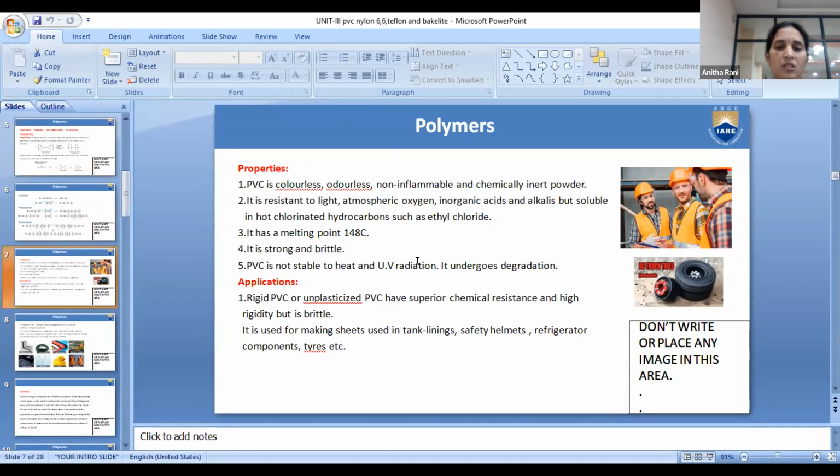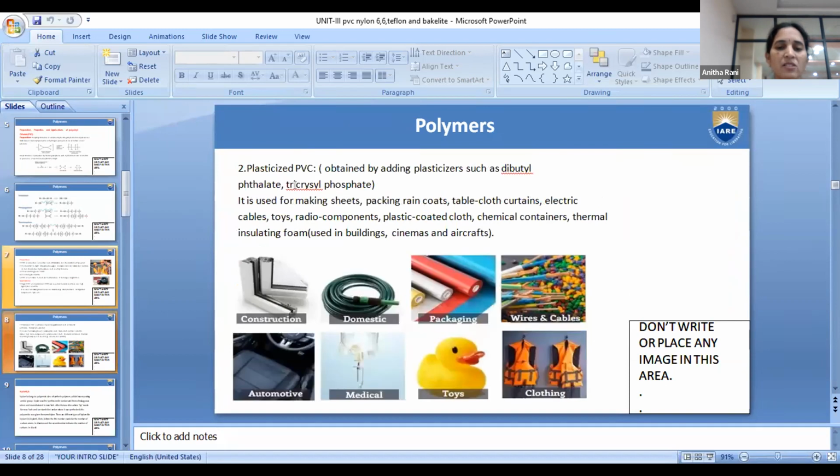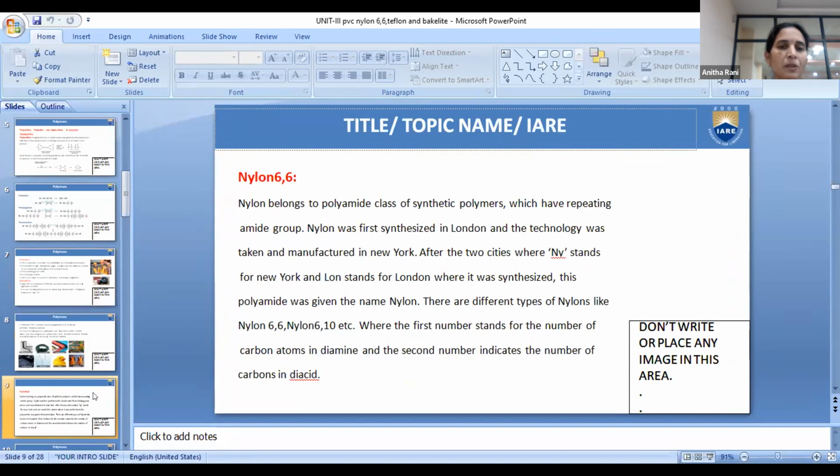Students, remember these points: properties and applications. For rigid PVC, remember tank linings, safety helmets, refrigerator components, tires. And for plasticized PVC, remember electric cables, toys, tablecloth curtains, packing raincoats, sheets. Also remember some examples like radio components. So this is about PVC.